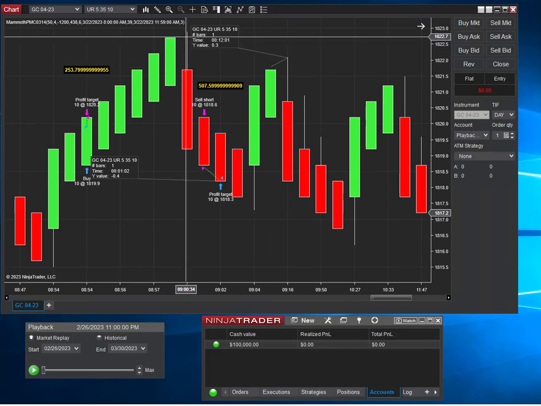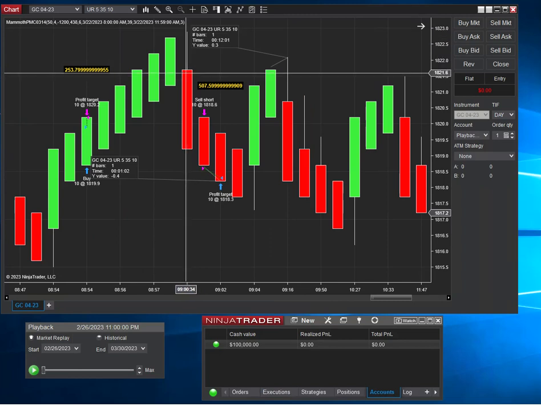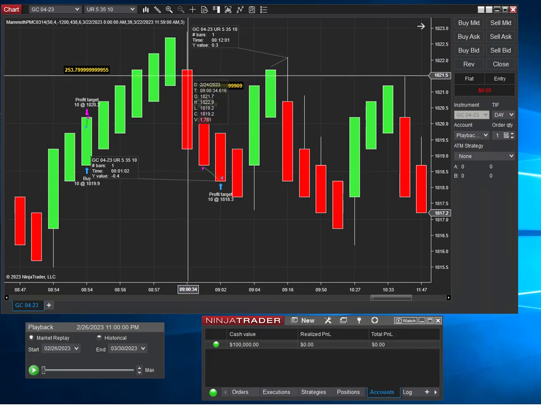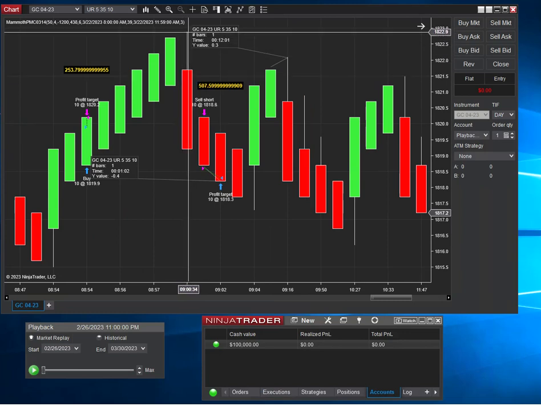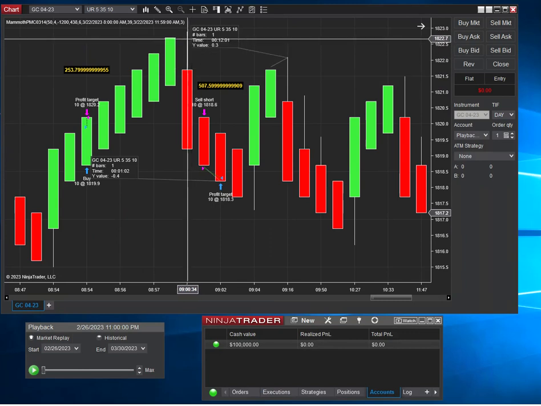It went up until at this point it did not reach 10 ticks. The open of this bar is 1821.7. The high is 1822.9. So it didn't reach the closing price. So it starts going down until it closes right here. We have this reversal bar.